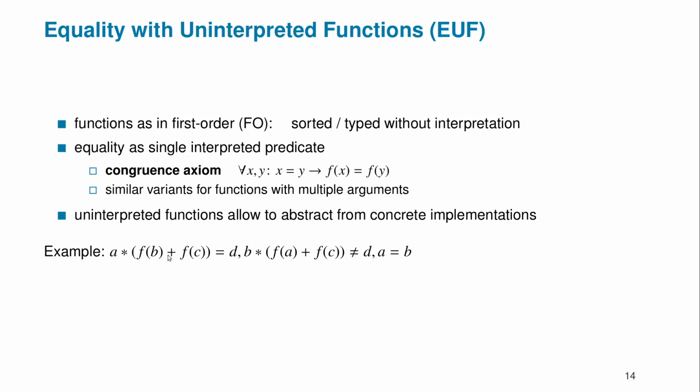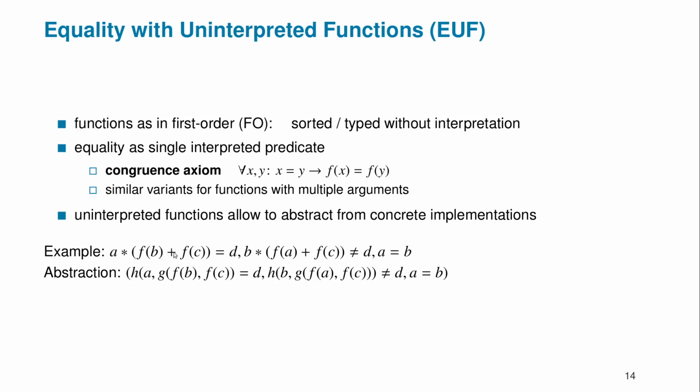Yeah, and we want to know if this set of constraints is satisfiable or if it's inconsistent. And what we now can do is we can replace multiplication and addition by an uninterpreted function. So we build an abstraction of the formula, and what we get is we simply replace the multiplication by h, and we get h(a, f).